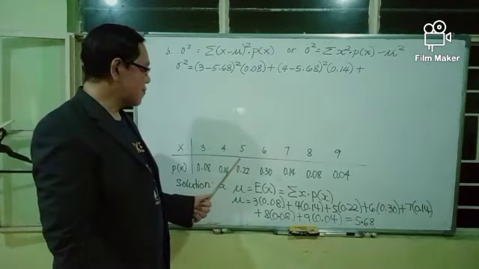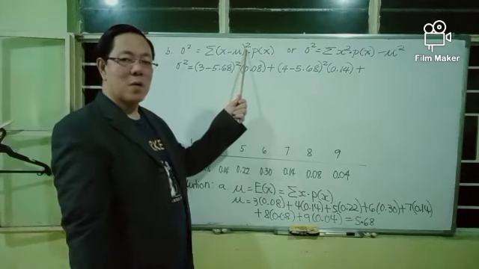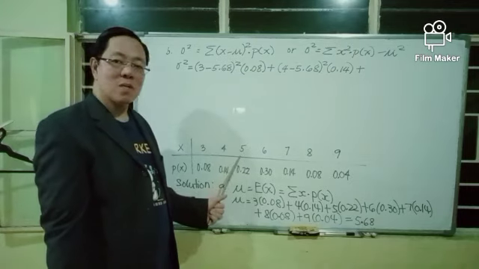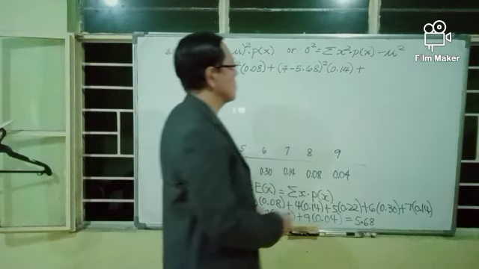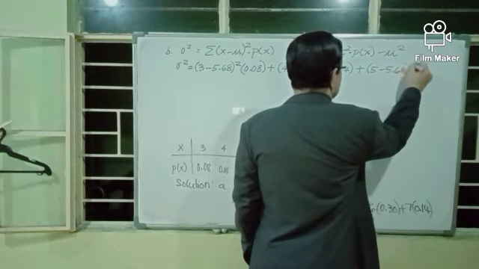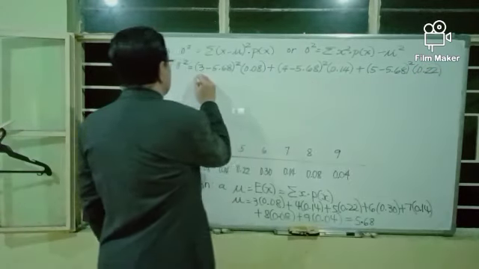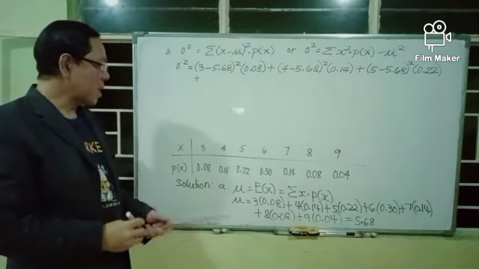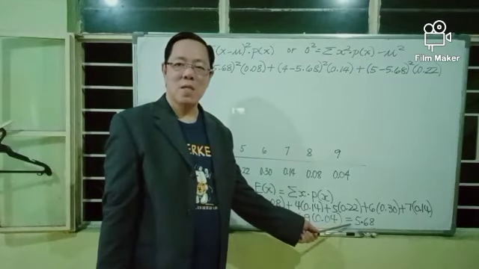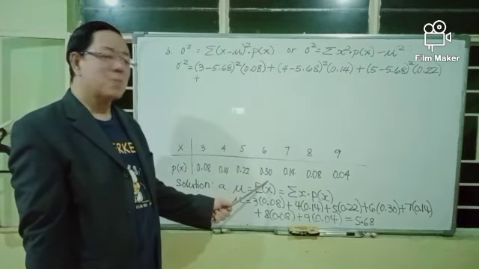The next value of x is 5 minus the expected value 5.68 raised to the power 2 and multiply by the probability of x equals 5, 0.22. The next value of x is 6 minus 5.68 raised to 2 multiplied by the probability of x equals 6, 0.30.